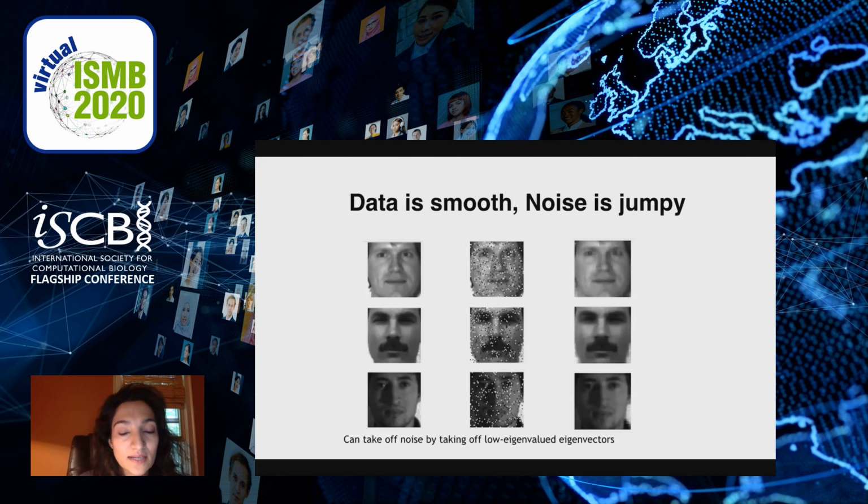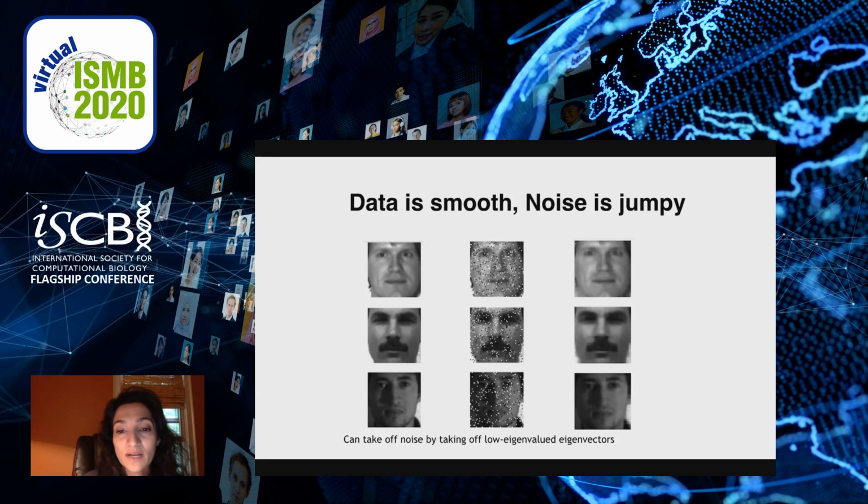If you thought of it in terms of images, you see that the image on the left could be the original image, but if you had a lot of noise sprinkled on your image, it would look more like the image in the middle. Now in image processing, people have often used what's called a low rank approximation, or recreating the data from just a few eigenvectors of the data matrix.